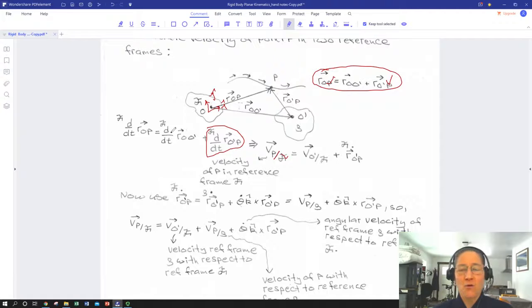Likewise, this O prime, if you're standing here at O, the time rate of change of this radius vector is just the velocity of this point with respect to reference frame O. So you're standing here, if this body's moving this way, this is positive in the right direction. O prime's getting further and further away from you.